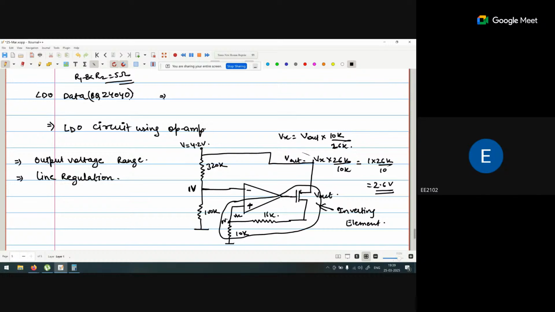If you remember the basic meaning of the inverting element, basically negative feedback, if I talk about A beta, then A beta should be negative.